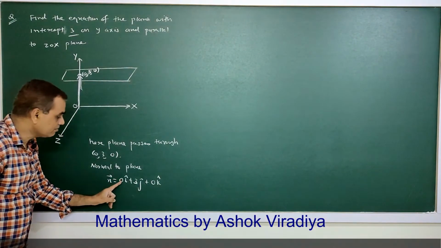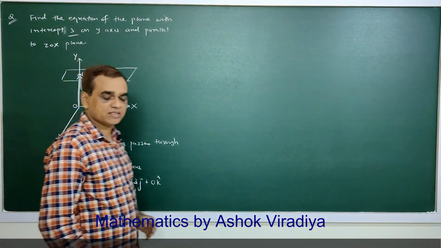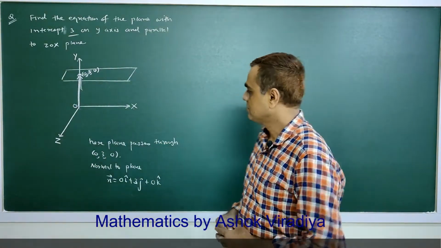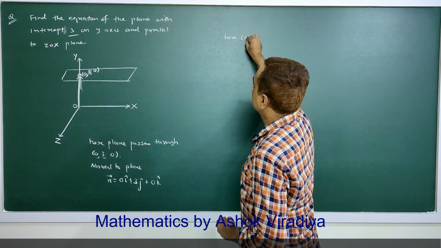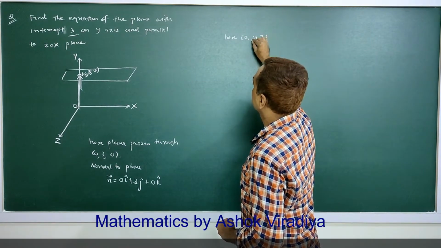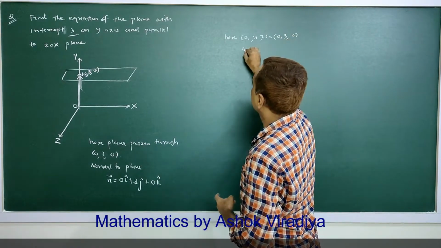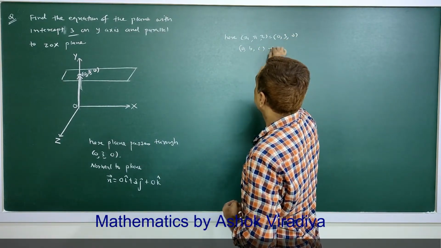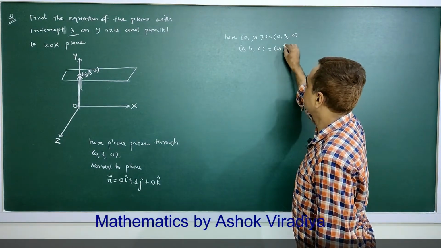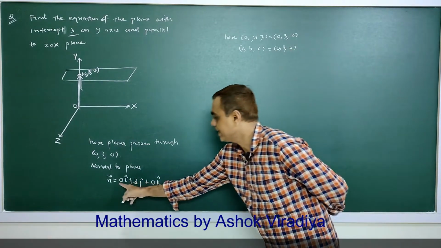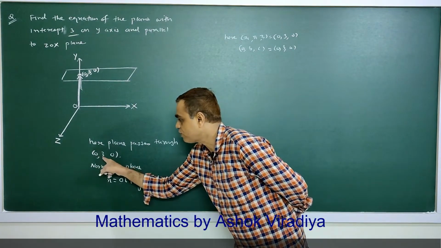Consider these numbers as A, B, C, and the point as x1, y1, z1. A, B, C are 0, 3, 0, and x1, y1, z1 are 0, 3, 0.